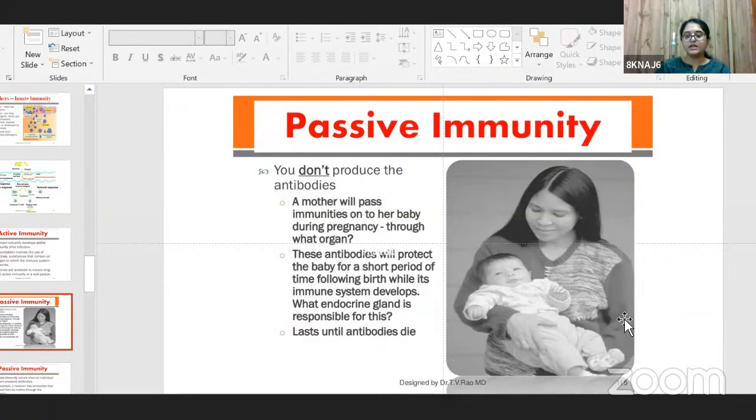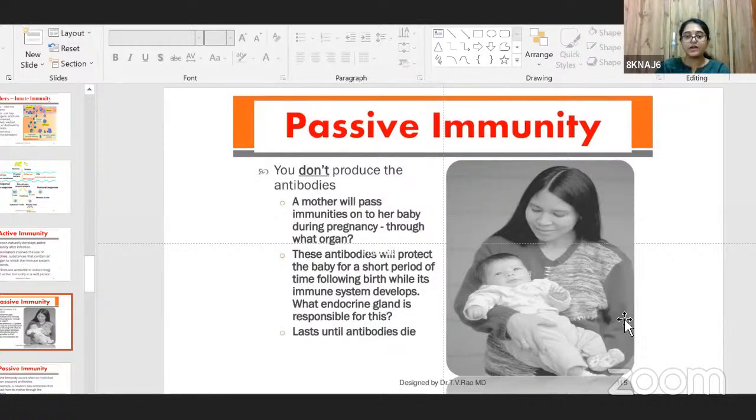The uterus and the whole amniotic sac are protected very well from all kinds of infections. Crossing the placental barrier is difficult. So if that happens, you've got to be a little extra careful.